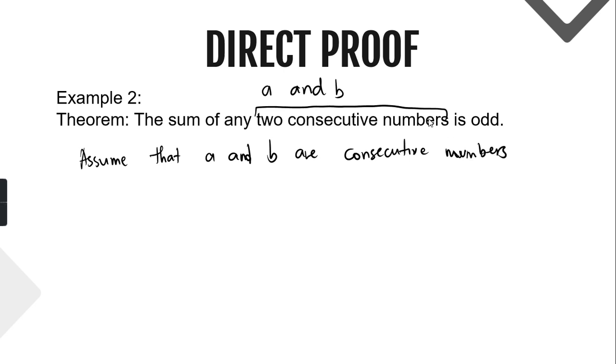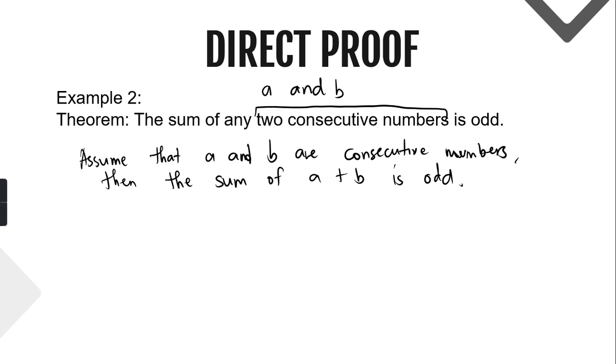And then, ano daw yung ating cue dito? Yung sum daw. Then, the sum of A plus B is odd. Ayan. So, assumption natin dito, first assumption natin, ito, A and B are consecutive.